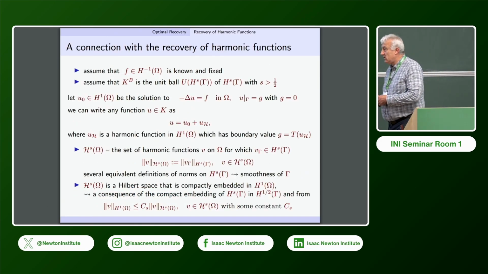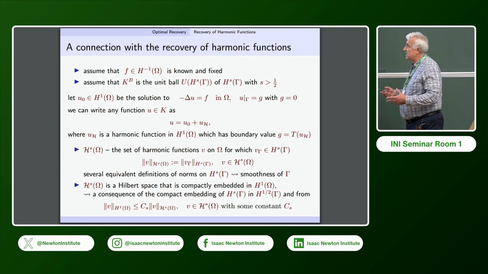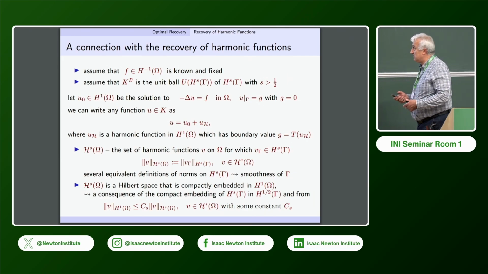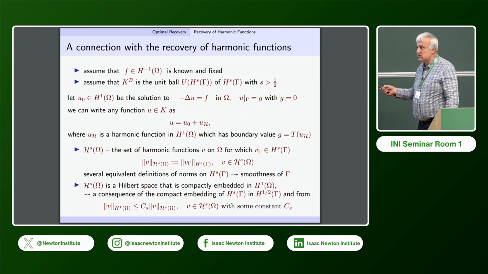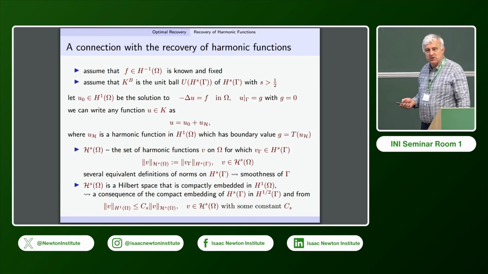So first of all, some people say, okay, why did you even consider this function f? Because it only pollutes the problem.